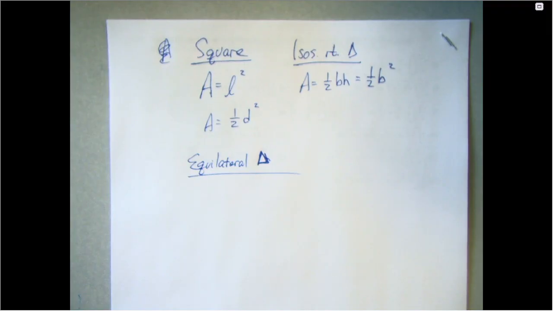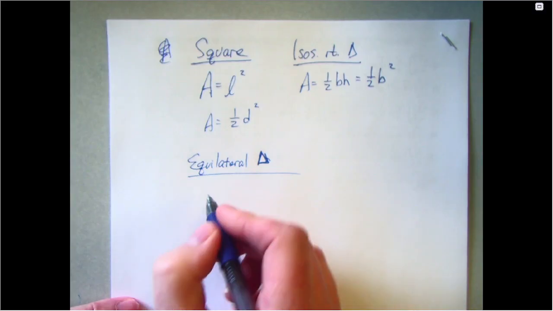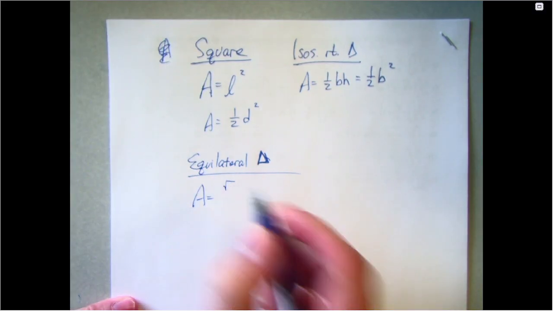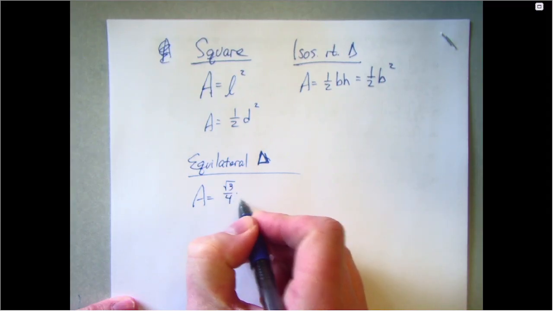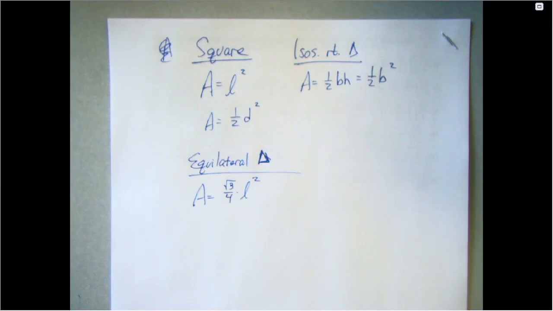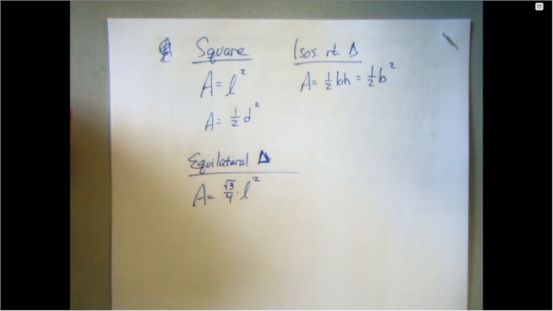So here's an equilateral triangle with a side of 6. Every side is 6. Can you find the area? Should I just tell you? It's the square root of 3 over 4 times the length of the side squared. It's also on the board. Nobody even looked at it. We could prove that and figure it out, but it's not that big.